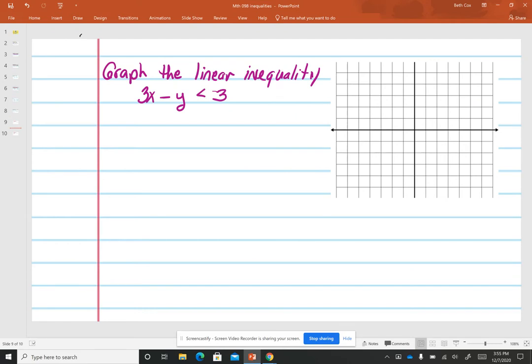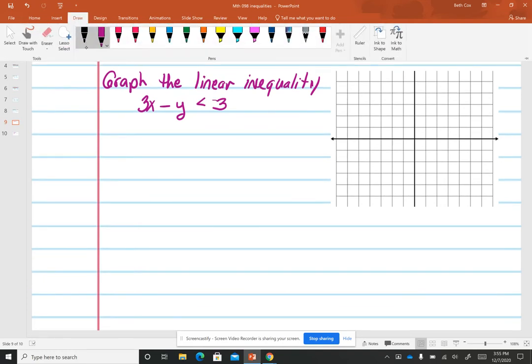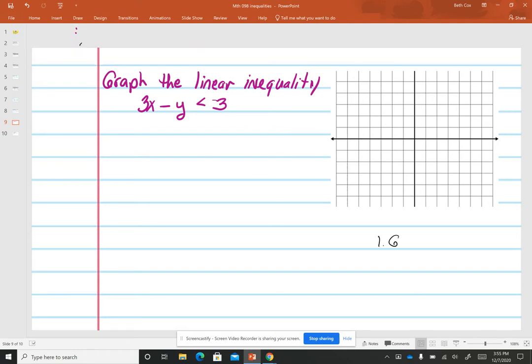And so basically our steps are as follows. We're going to graph the line that this represents. And then we're going to shade the section of the plane that corresponds to the inequality.